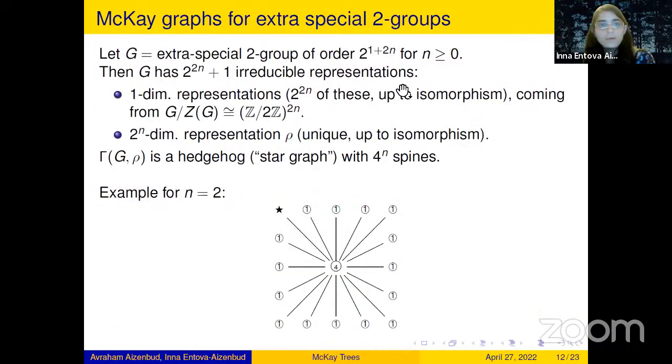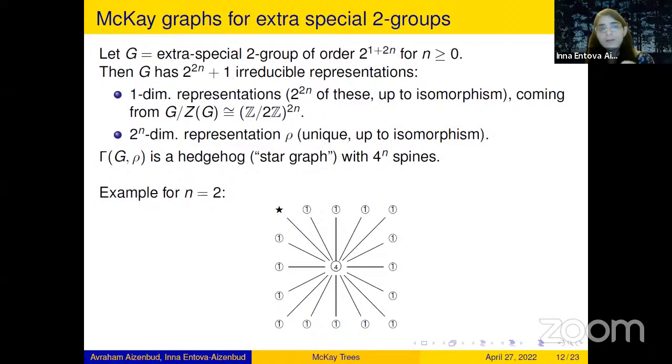So let me give an example. When we consider the extraspecial 2-group of order 1 plus 2n, and we ask what would be the irreducible representations, then we get 2 to the 2n one-dimensional representations, which actually come from the quotient of our group by its center. So the quotient of the group by its center is an elementary 2-group. And so we get a lot of one-dimensional representations.